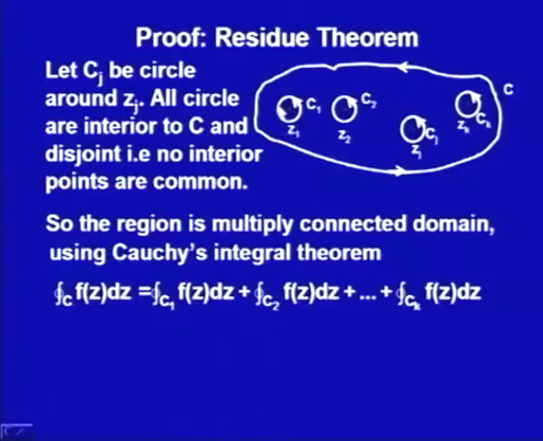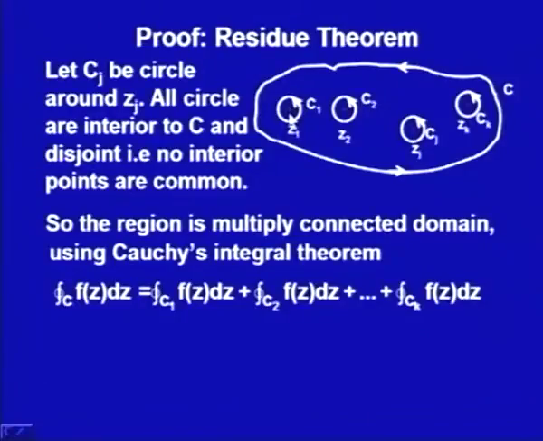Now, let us see these individual integrals. If I take this first integral, let us say it is the integral of f(z) along this contour C1. This contour C1, if I see it in this positive orientation direction, we have that my function f is analytic throughout this region on C1 and interior to this C1 except at that point Z1.